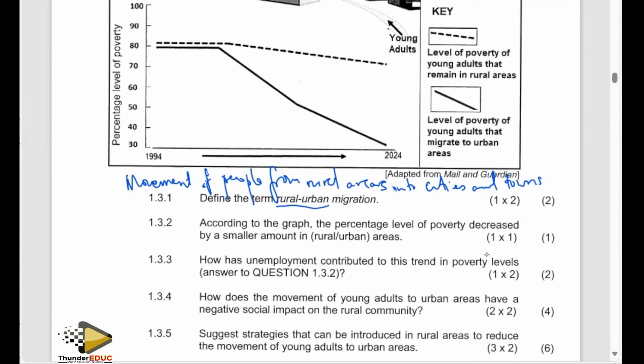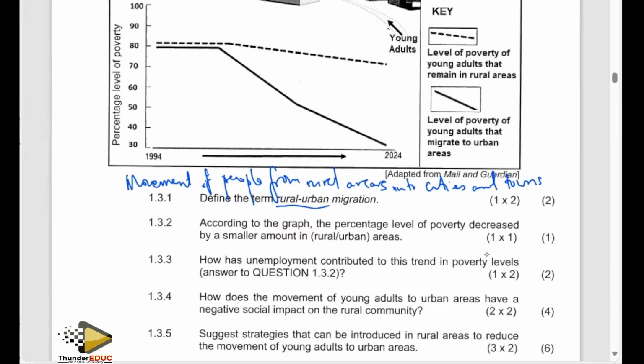There's not much change, but this change is now getting to slightly above 30 from 80 in 2024. So if we try to compare those two, we find that this one here is the one that has got the smallest change in the percentage levels of poverty, which has been experienced between those two.